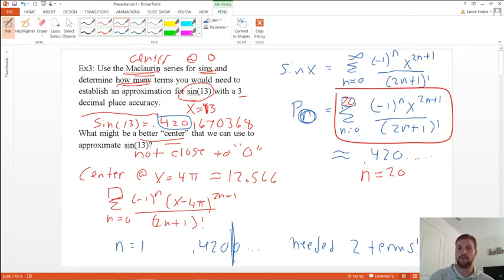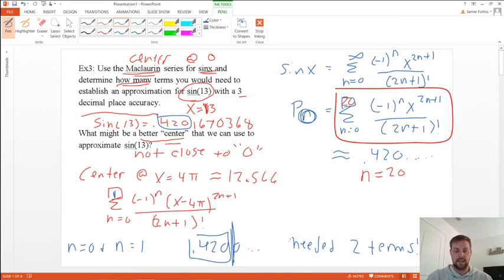That's the point of a Taylor series: your center is no longer at 0. You're trying to pick a center that's closer to the point you're approximating, so we need fewer terms. In this case, all I needed was n equals 0 and n equals 1. I needed 2 terms, so if I put a 1 right here, that's going to be within 3 decimal places.